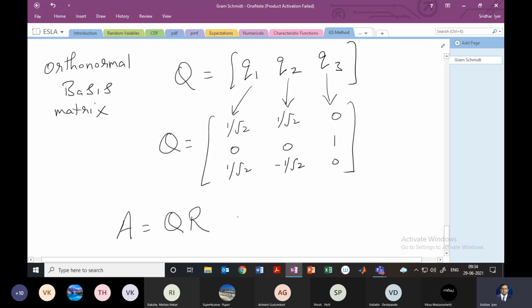And this R that we have will be a row reduced echelon form upper triangular matrix, right? So we are able to factorize A in the form of Q into R.